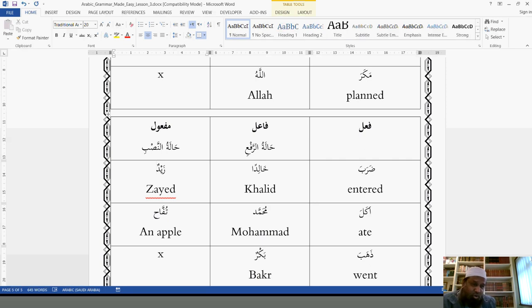The Khalidan will be maf'ul now, and Zaidun will be the doer, the fa'il. This thing can happen.